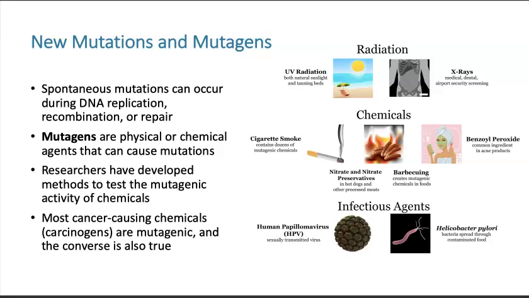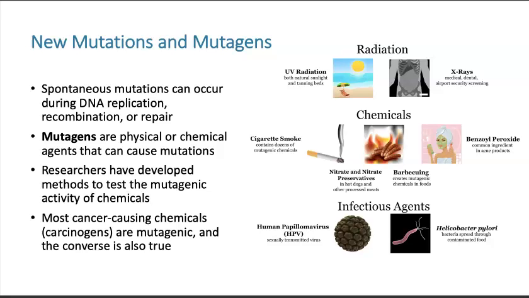There are some viruses and other infectious agents that are known to cause mutations, including the very famous HPV. The vaccine for HPV was put into play about 15 to 20 years ago, and the rate of HPV transmission has decreased, and along with that, the rate of cervical cancer is starting to decrease.